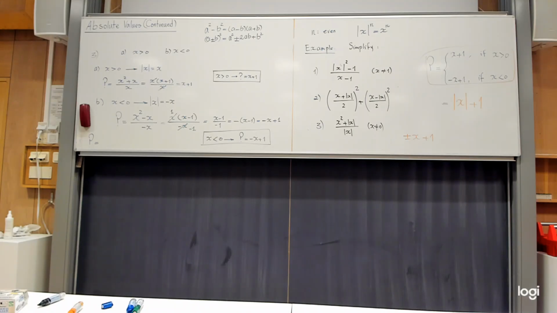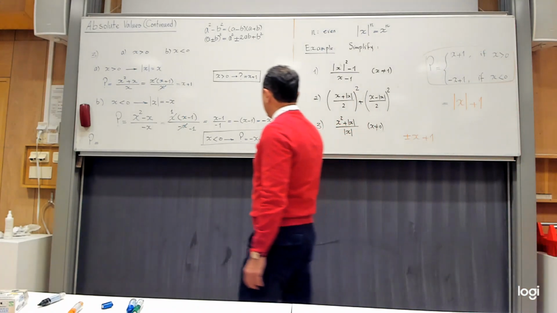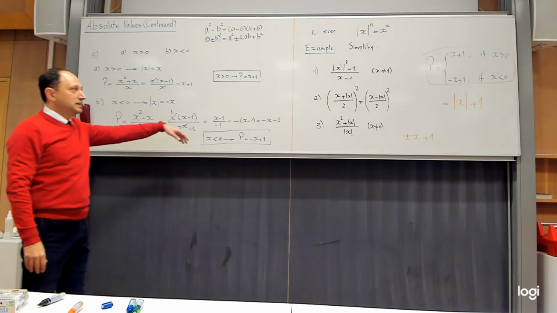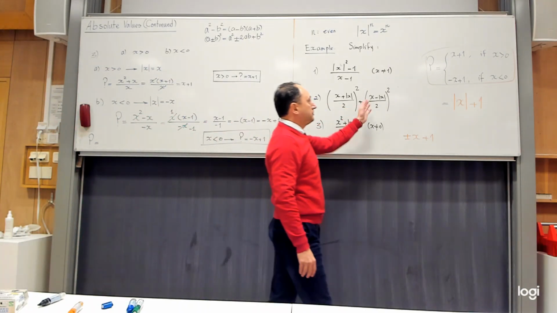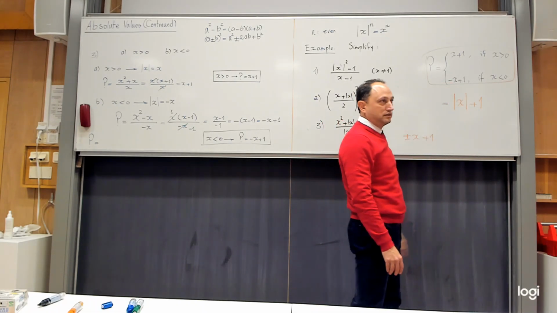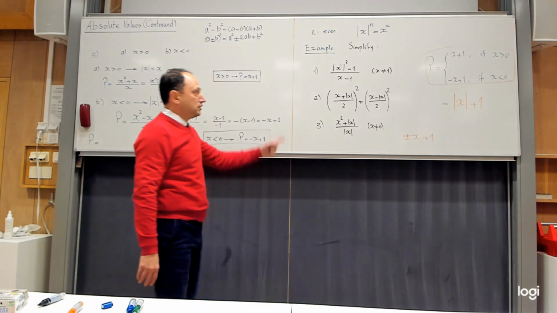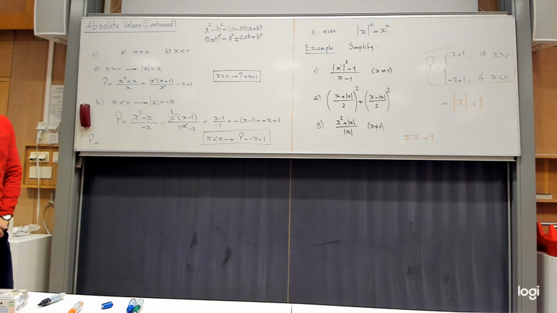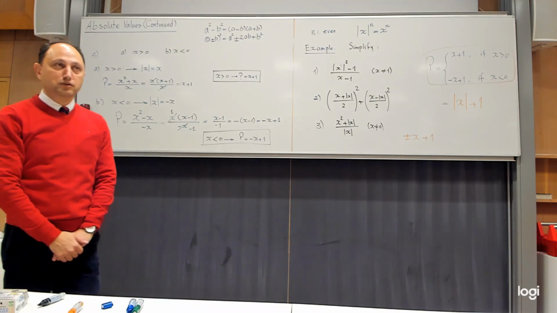Okay, good. Now, what is the better way to do this? This is 100% correct. If I ask you to simplify this, if you write this, it is correct, unless I tell you that, okay, you have to write it in the absolute value form. And then you need to do one more step. But can you see a much more efficient way to do it in under 1 or 2 seconds?